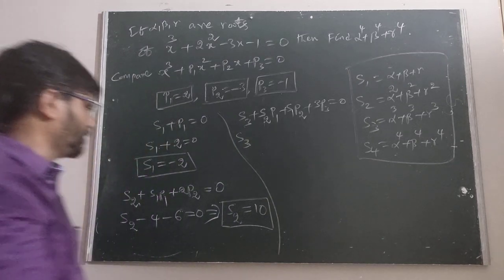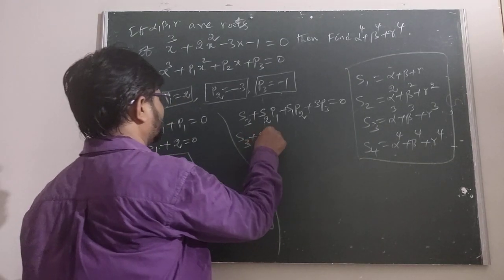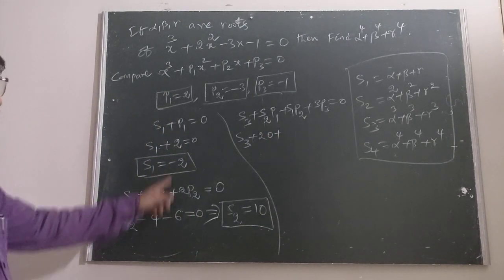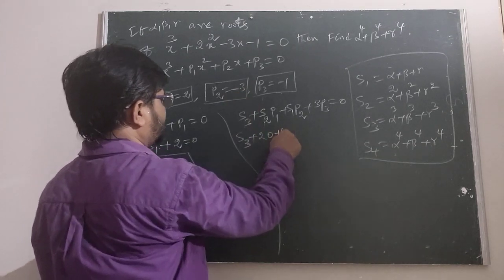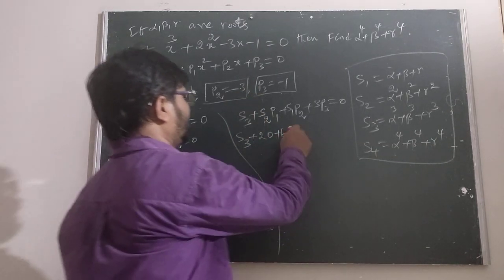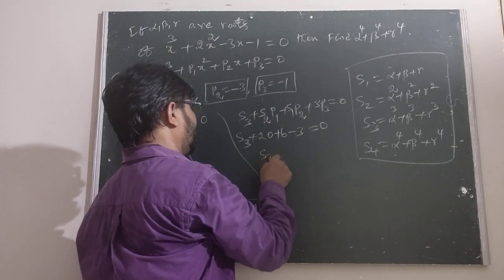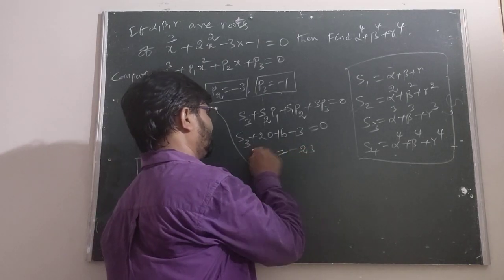Now write S2 P1, this is 10 into 2, 20. Then you can write S1 P2, S1 is minus 2 into minus 3 is 6. Now 3 P3 is minus 3. Now we are getting S3 equals minus 23.